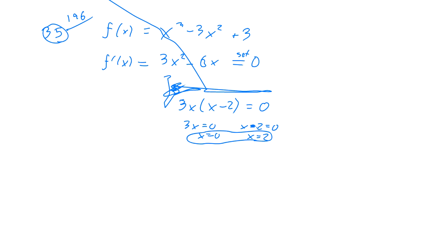So the first derivative was 3x squared minus 6x. So the second derivative is equal to 6x minus 6.